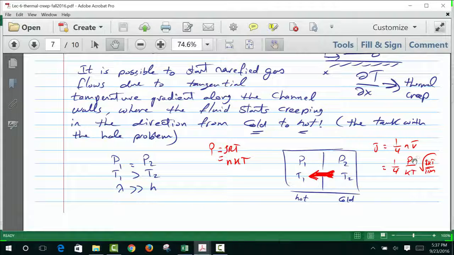We kind of neglected the fact that P1 could be different from P2. So what will happen? All the cold guys will go to the hot? No, some of them will go, and as the number of molecules in the hot tank increases, assuming that you keep maintaining the same temperature, you have a water jacket, you have a heater sitting on the hot guy, always keeping it hot, while the cold guy is always being cooled by air, maintaining the same temperature.